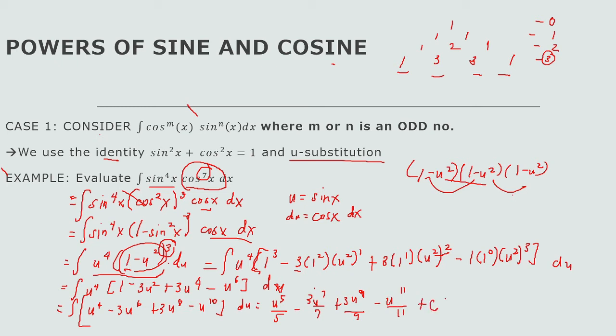So therefore that can be written, changing u back to its original form, as sine to the power of 5x all over 5 minus 3 sine to the power of 7x over 7, plus sine to the power of 9x over 3 (since 3 over 9 is 1/3), minus sine to the power of 11x over 11 plus c. And that can be your final answer.